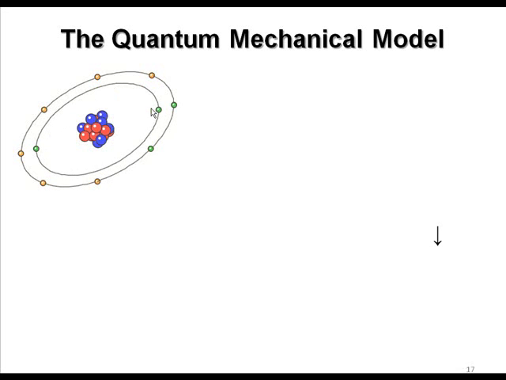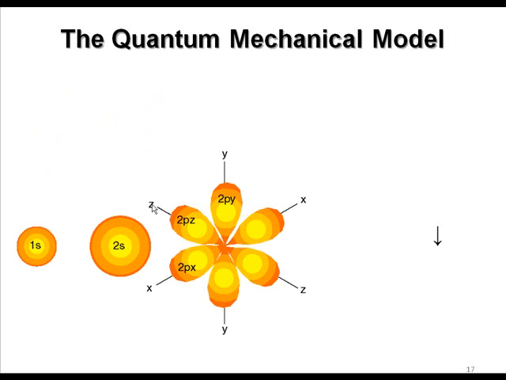Instead, the electrons are at a certain shell or distance, and the electrons, believe it or not, appear, disappear, and then reappear someplace else. And so the notion of the quantum mechanical model says that the electrons appear in orbitals or subshells. And when you see these shapes, what we're saying is these shapes, which are the orbitals, are regions that that electron can appear in.